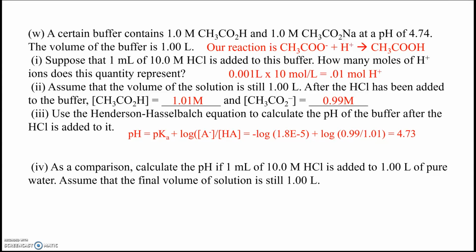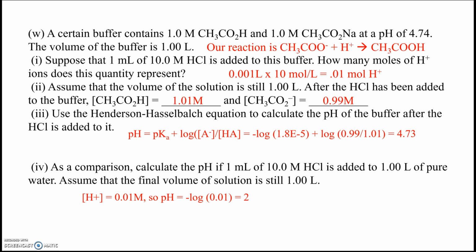And again, we're going to calculate what would be my change to the pH if I added this to pure water. Well, for the same reasons and using the same calculations, here I've got 0.01 molar H plus, so my pH is the negative logarithm of 0.01, so my pH becomes 2.